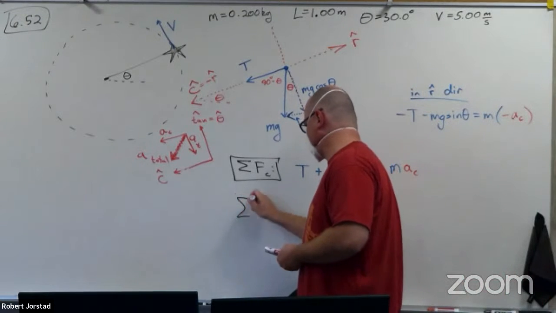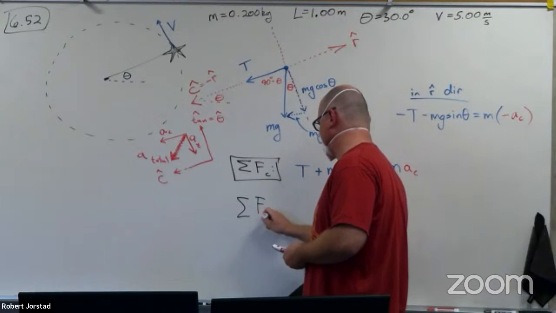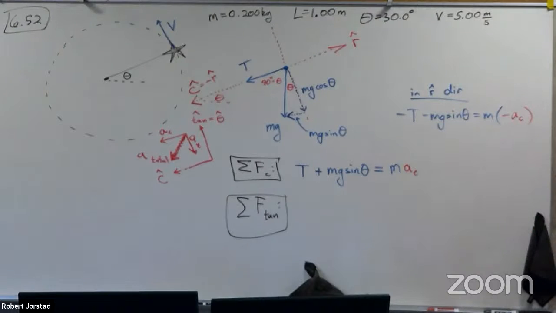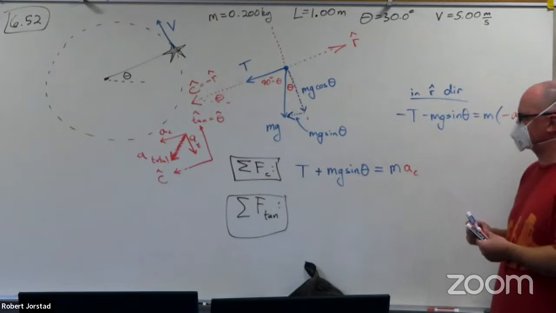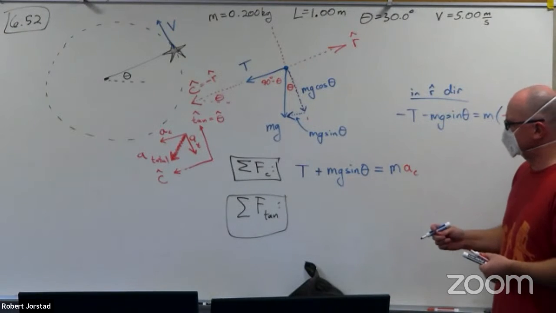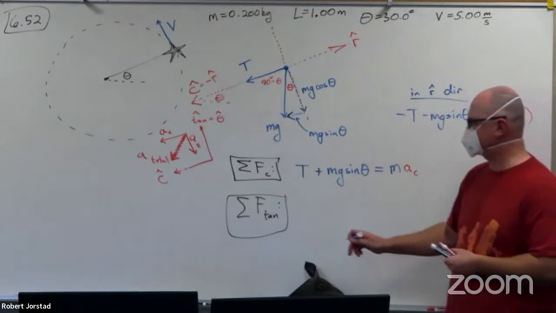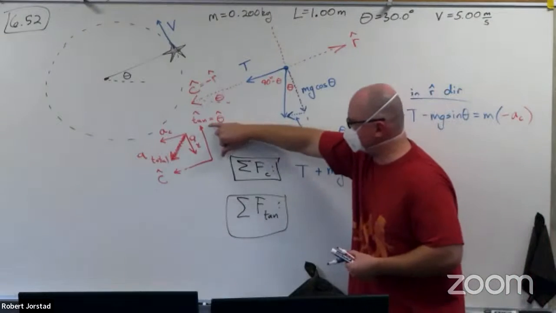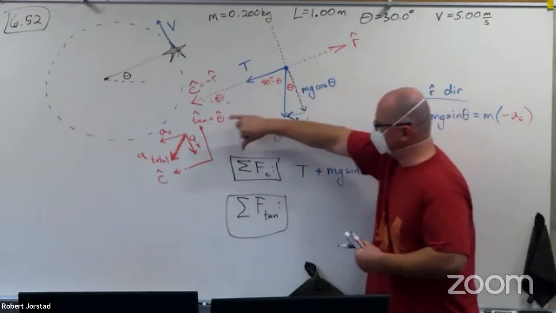How about the sum of forces in the tangential direction that I happen to choose? Somebody give me one force in the tangential direction. Mg cos, positive or negative here? According to this coordinate system, it is negative.